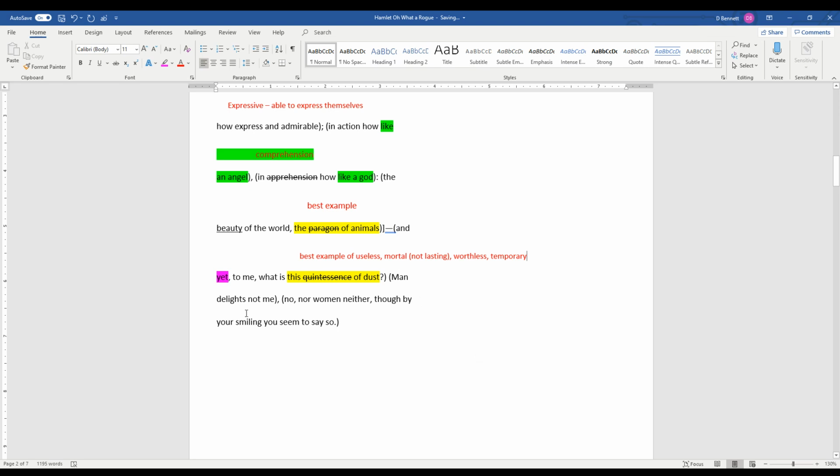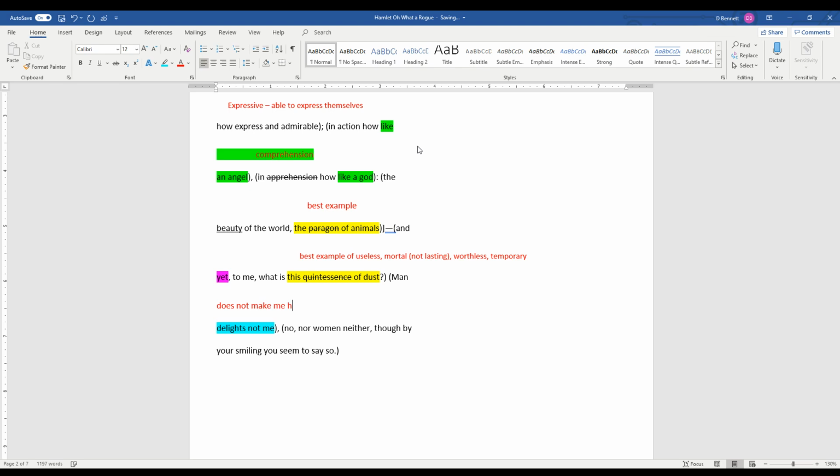And then he says, man delights not me. And so here's another example of that inverted sentence structure. Man does not make me happy. We'll change that to delight, meaning happiness. And then he sees that Rosencrantz and Guildenstern are kind of smirking at him or smiling, and this interrupts his monologue here.